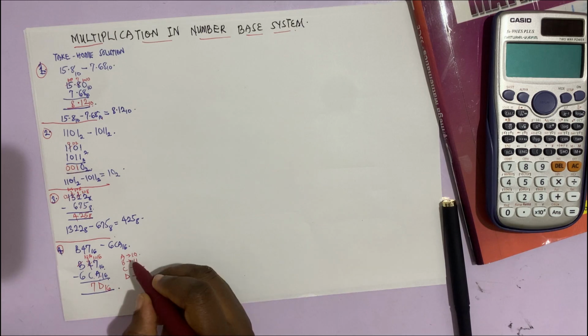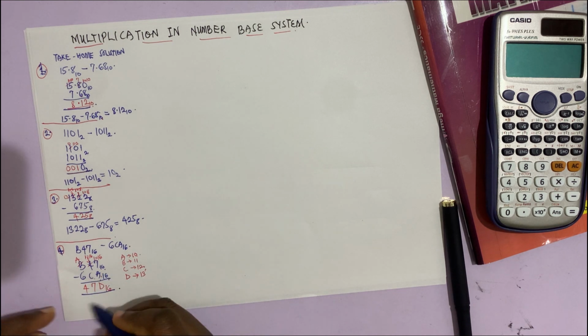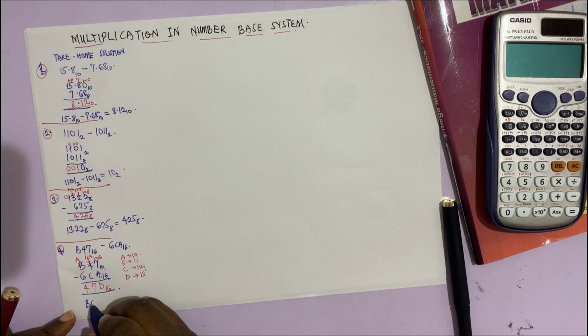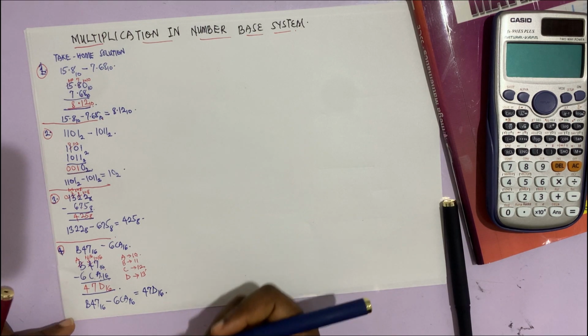And B becomes A, because it will now become 10 since we have borrowed 1. So 10 minus 6 is 4. So we say B47 base 16 minus 6CA base 16 would give us 47D base 16.